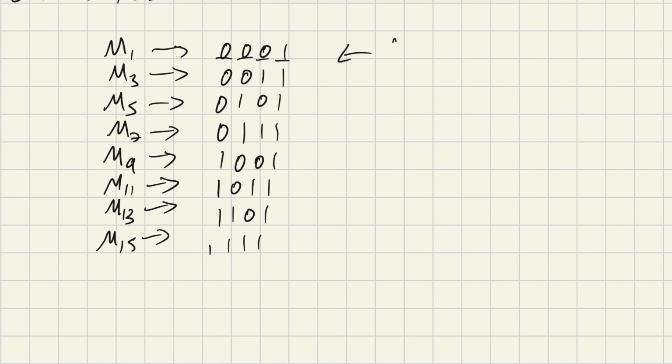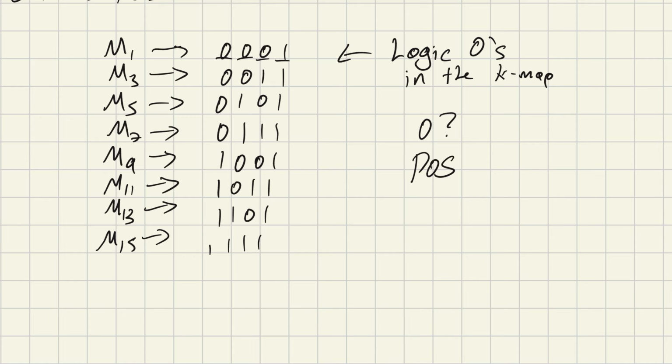Now we know, just like before, there's going to be logic zeros in the K-map. Why zeros this time? Well, because we're doing a POS, max terms, instead of minterms. So we can go ahead and draw this K-map out.